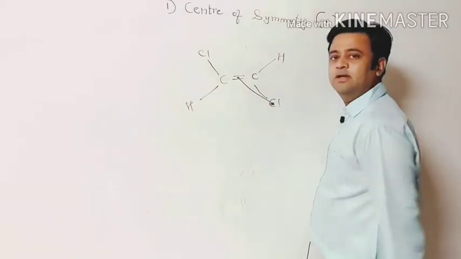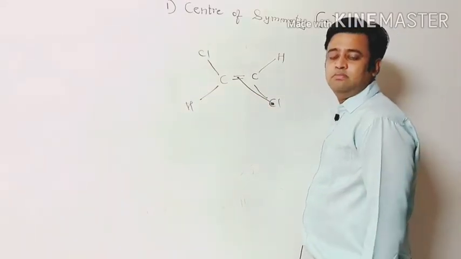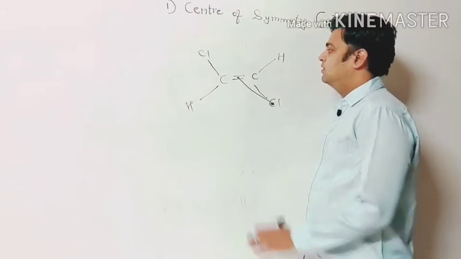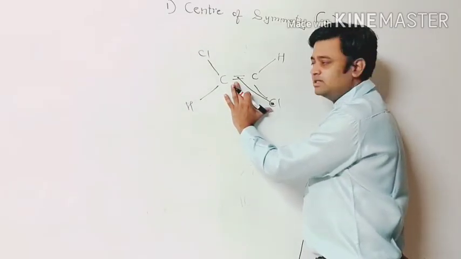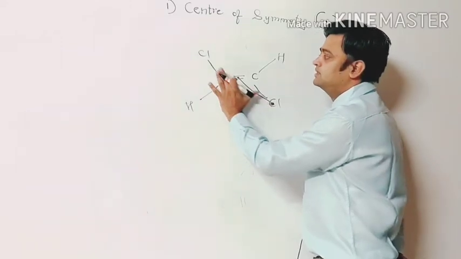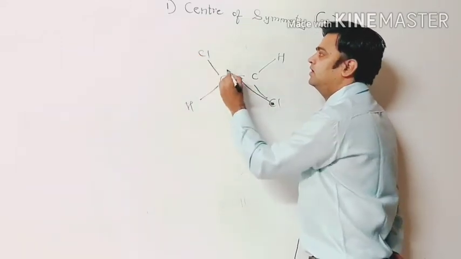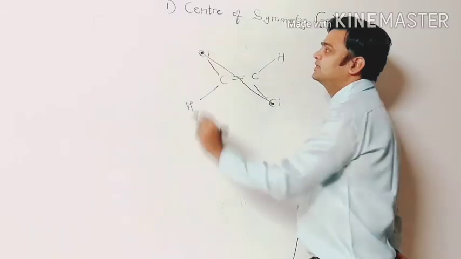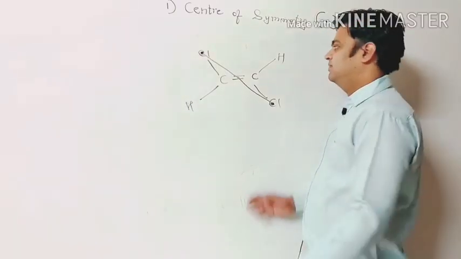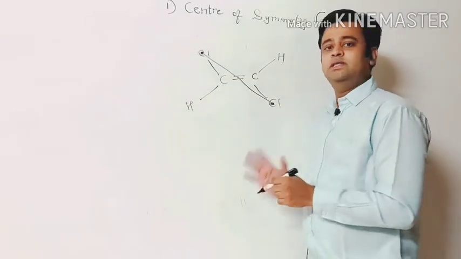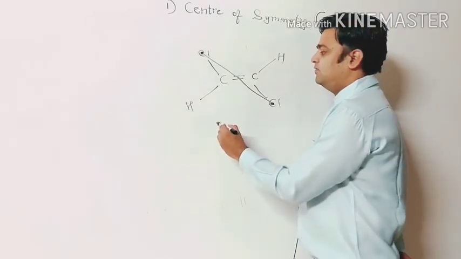The dot meets chlorine. Now the same amount of distance we have to travel again, but in the opposite direction. It travels in the opposite direction and yes, it gets chlorine. This means trans-dichloroethylene has a center of symmetry.